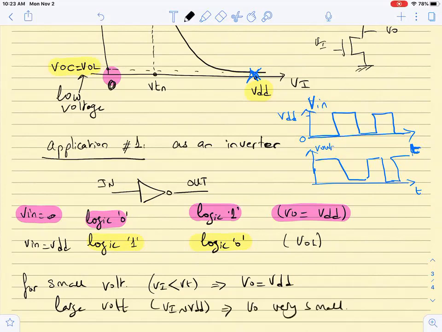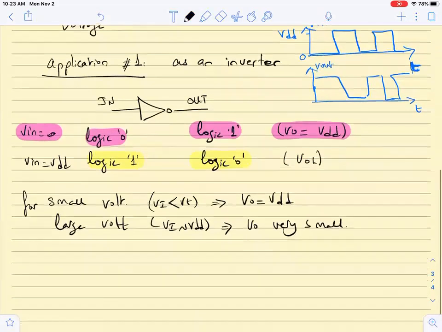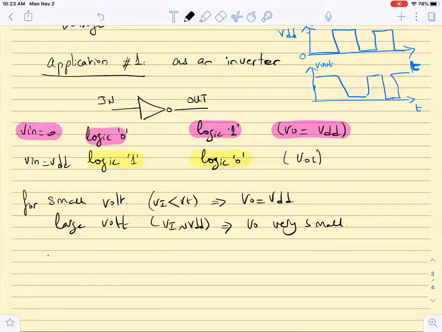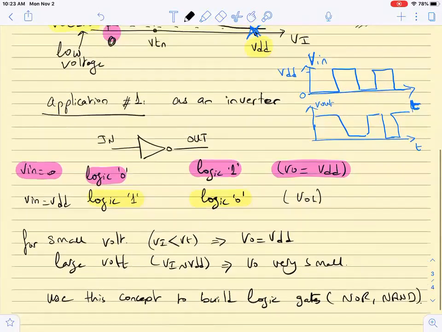So we perform inversion this way. We can use this concept to build more logic gates, as we will see at the end of the semester, like NOR, NAND and other gates. So this works as a switch if we send it a signal.